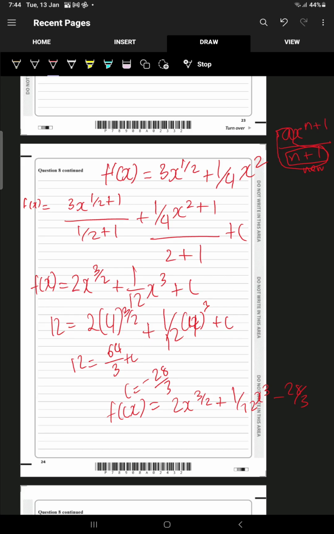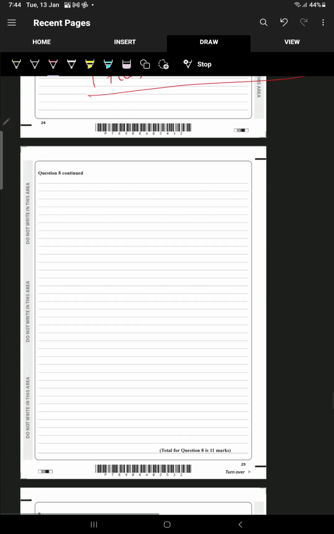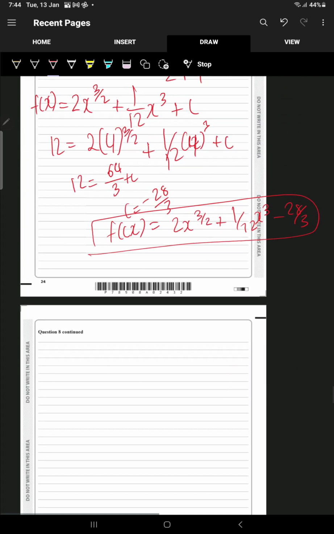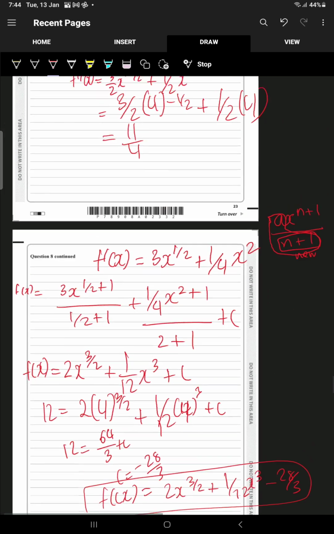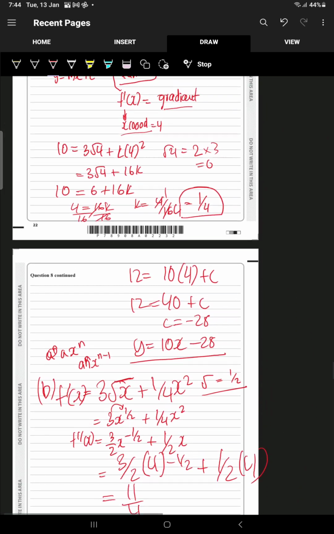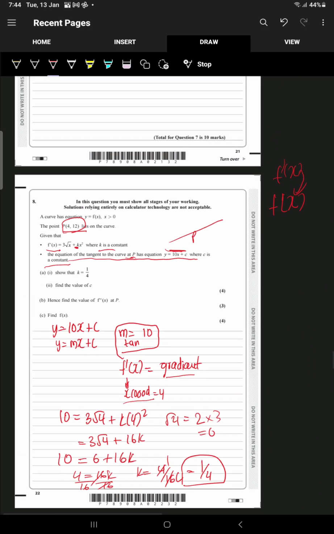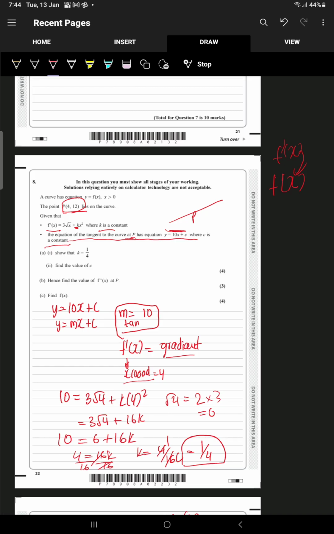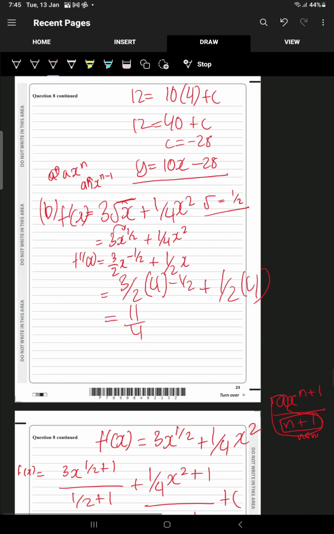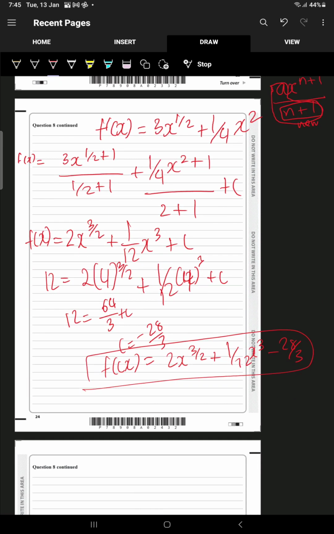Or what we can do is use a function on your calculator. If you press catalog and find the derivative, and put this equation in, differentiation can tell us whether we found the integration correctly or not.